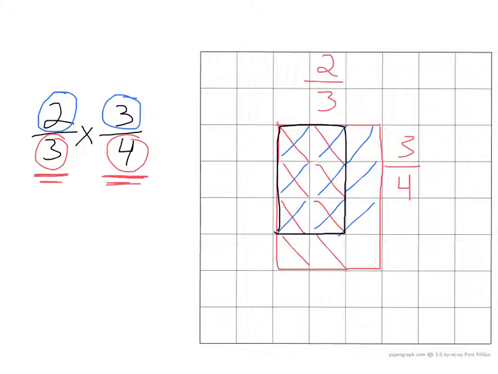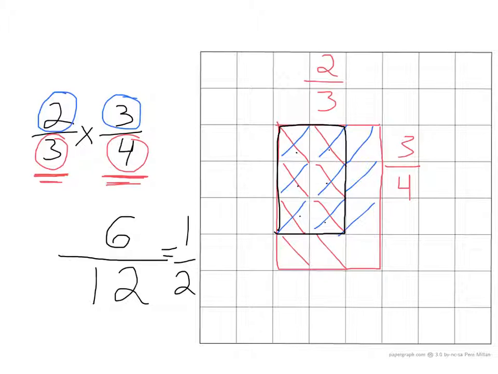So now all I have to do is count up these squares, and there's 1, 2, 3, 4, 5, 6 squares, and my denominator is going to be the total amount of squares, which I know this was a 3 by 4 array, so it was 12. So 6 of the 12 squares are the fractional part that we're talking about when we're talking about 2/3 times 3/4, or 2/3 of 3/4. And of course, like I said before, we know this simplifies down to 1/2.